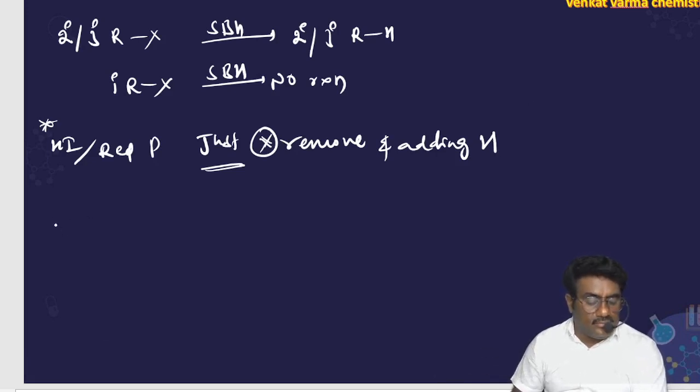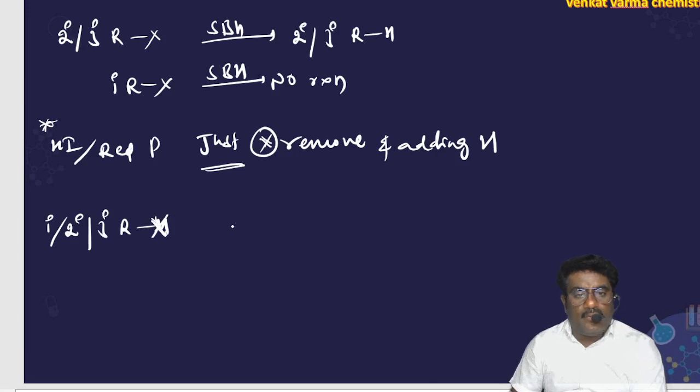For example, we can use primary, secondary, or tertiary alkyl halide in presence of triphenyl tin hydride. What is the reagent? TPH, triphenyl tin hydride.